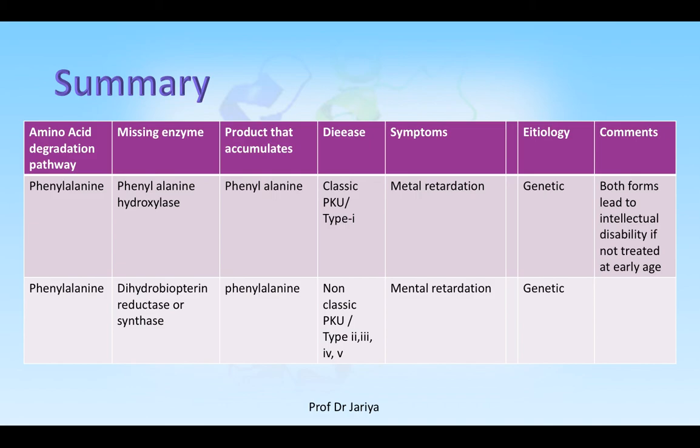In both cases, there is mental retardation. Etiology is genetic and there is autosomal recessive inheritance, and both forms lead to intellectual disability if not treated at an early age.